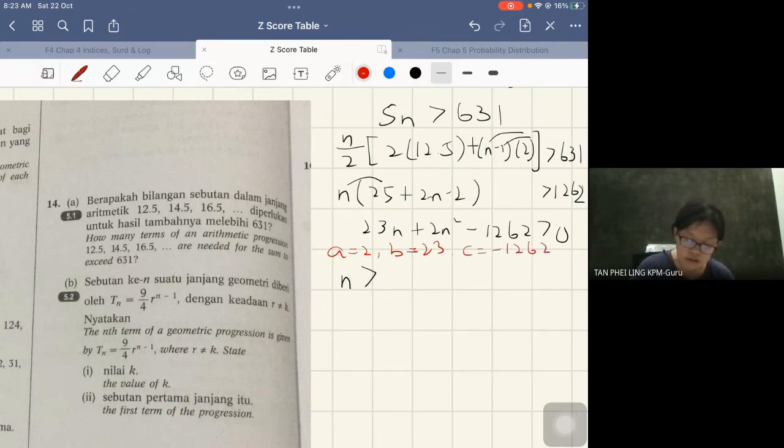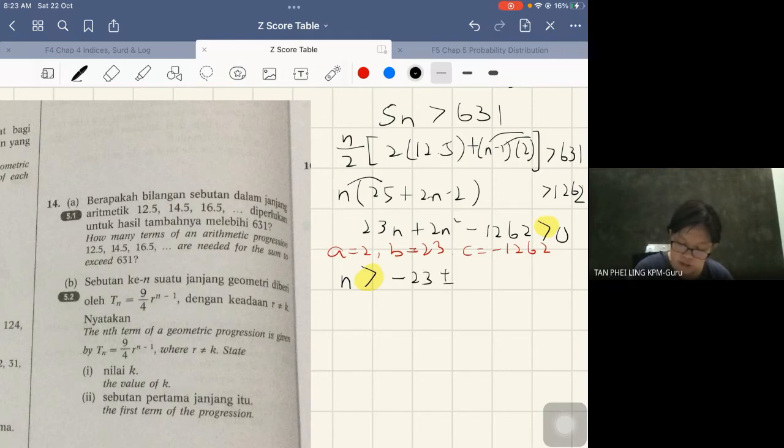So n will always be bigger than. Remember why you put bigger than is because you're following this one. Here bigger than, here bigger than, here bigger than.